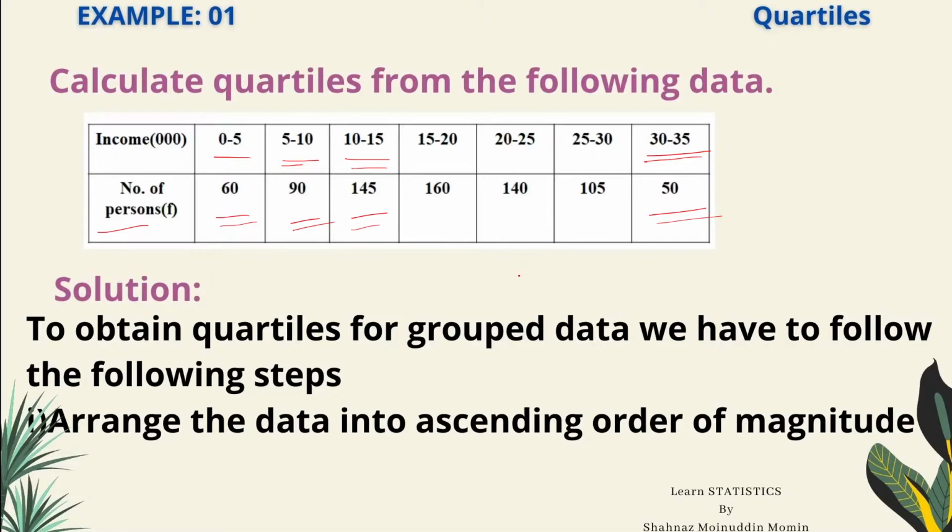Solution: to obtain quartiles for grouped data, we have to follow the following steps. There are certain steps that we have to remember while calculating the quartiles in case of continuous data. What are the steps? The first step is arrange the data into ascending order of magnitude.